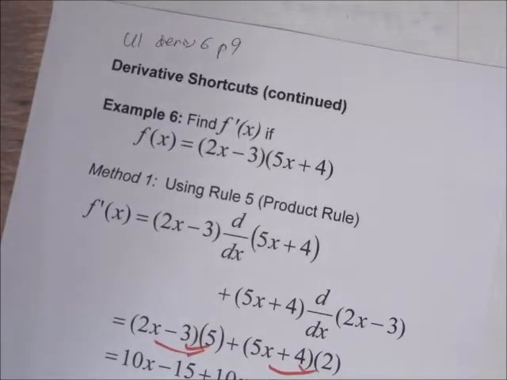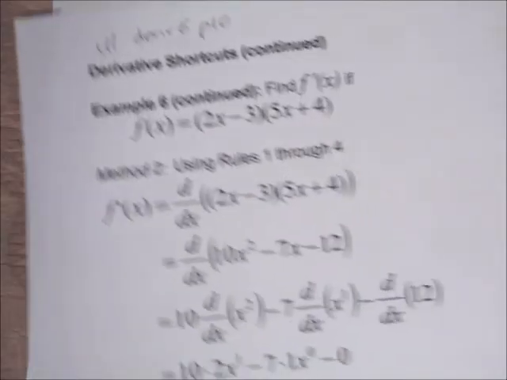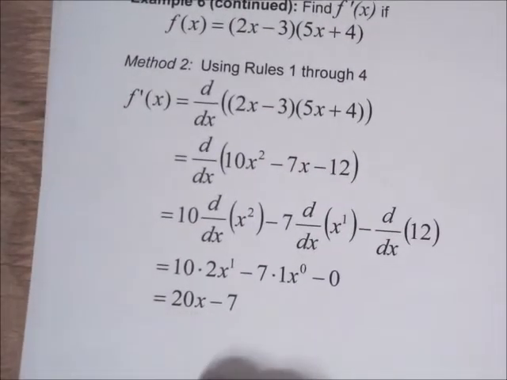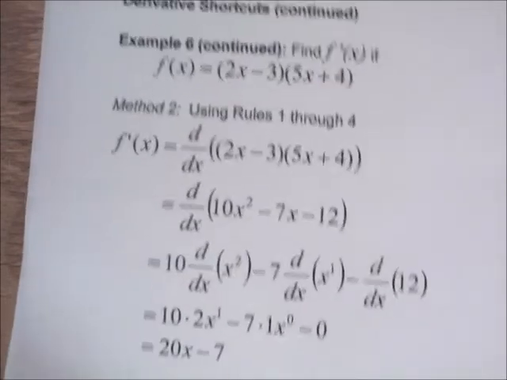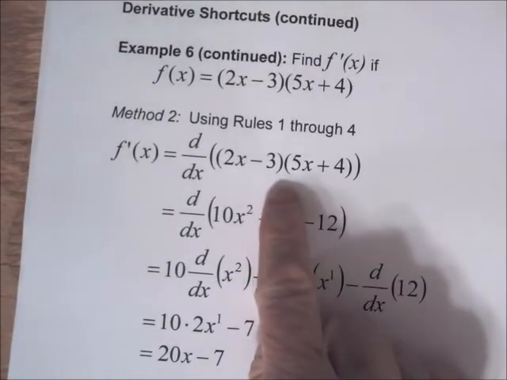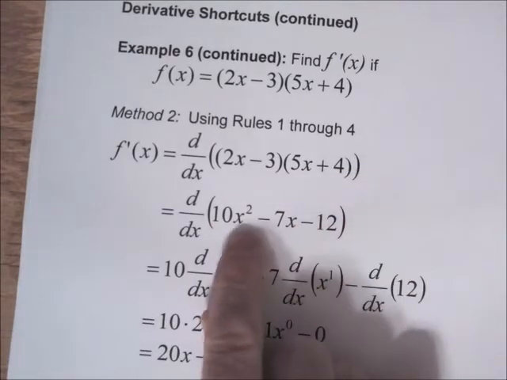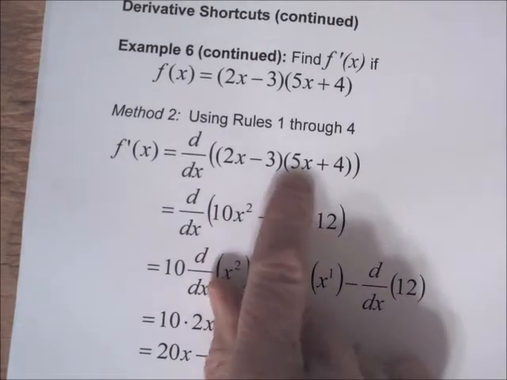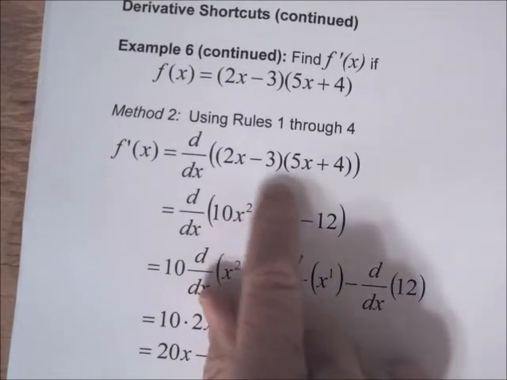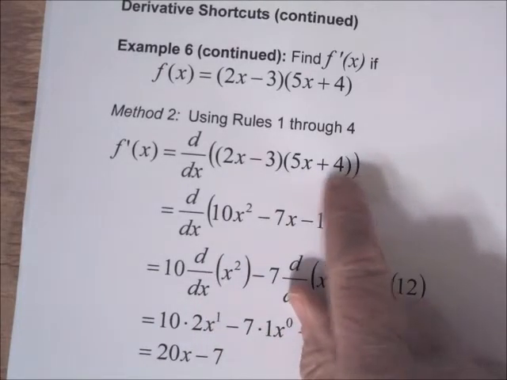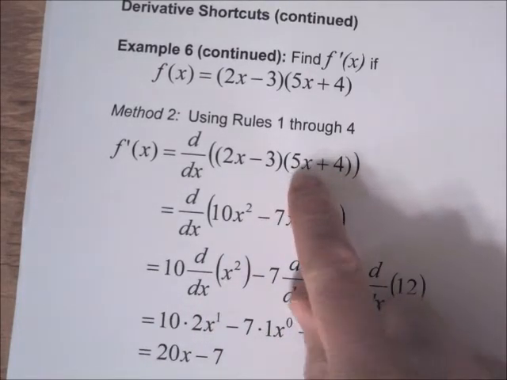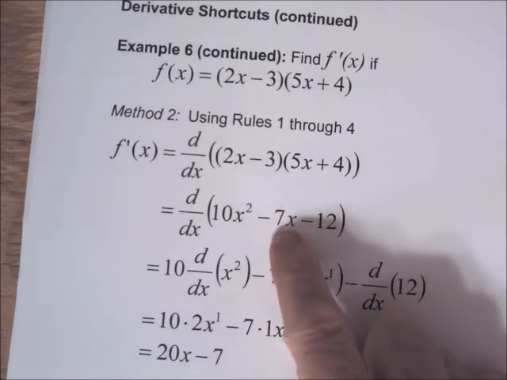We could also use the FOIL method to multiply this out. 2x times 5x is 10x squared. The outer product is 8x, the inner product is minus 15x. Combine those and you get negative 7x.